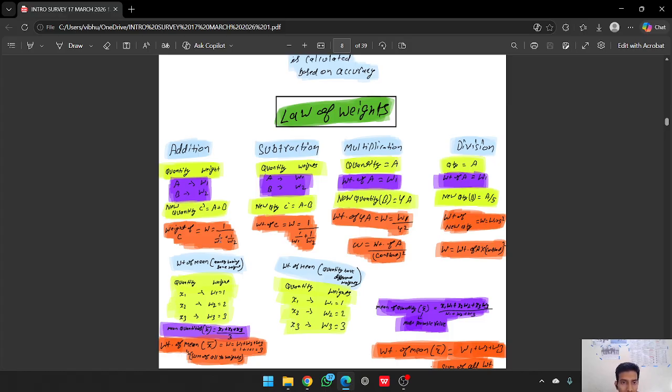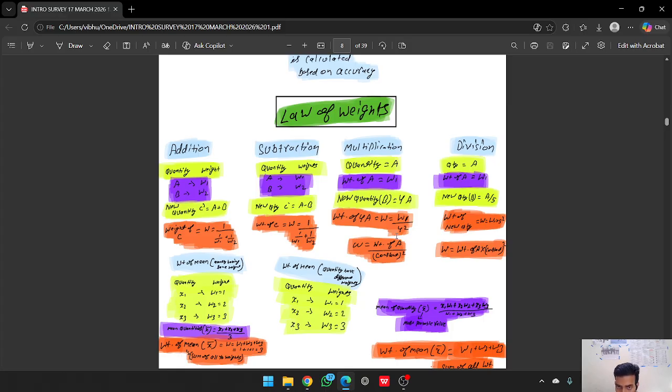Subtraction is similar. In quantity we subtract, but in the law of weight we do not subtract. The formula is similar to the addition one. The same applies to multiplication and division.